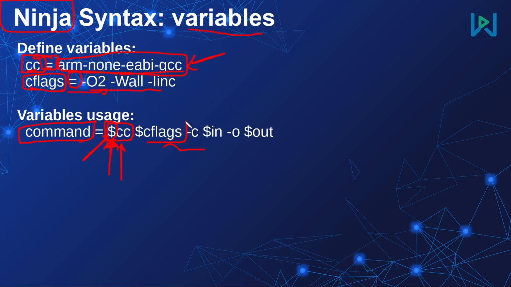Then I have expanded the list of the compiler flags to be passed to our compiler. Then of course I had to specify the input files and the final output binary. So this is the list of the input files to be expanded using this $ mark. And finally, this is the output binary to be expanded as well using the $ mark.